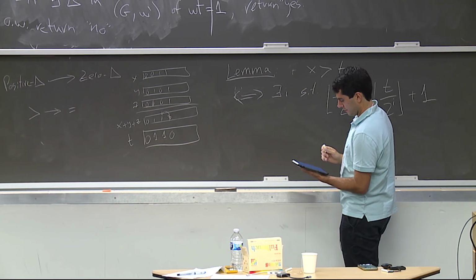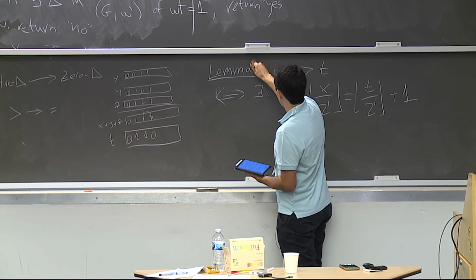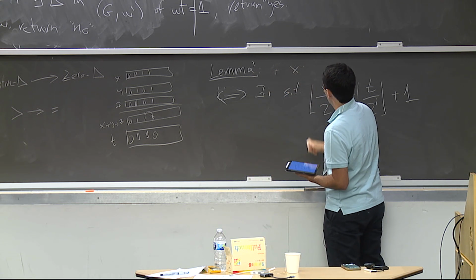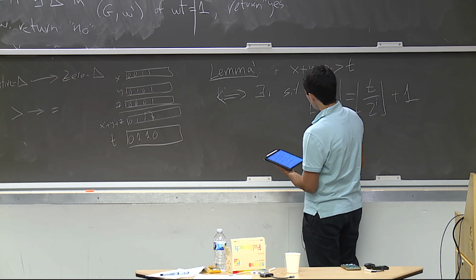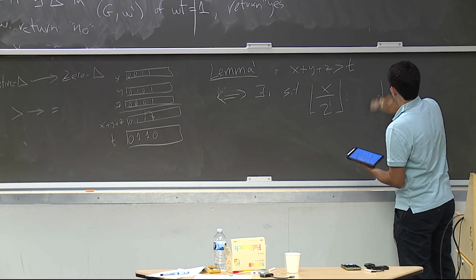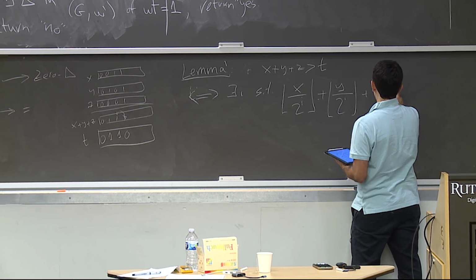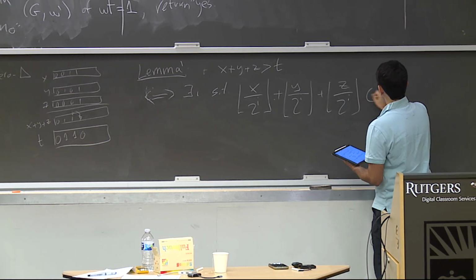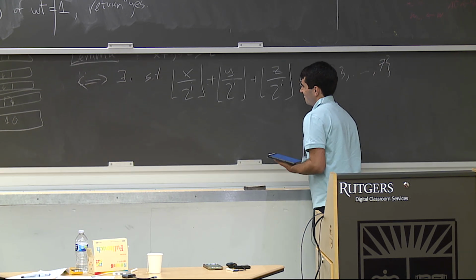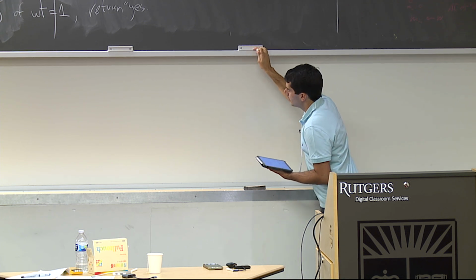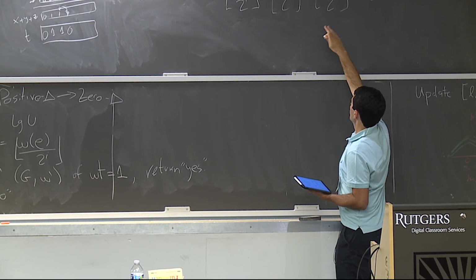So let me formalize it a little bit, and then we'd be done. Lemma prime is that the sum of three numbers is greater than a target if and only if there's an I such that the sum of these things is between 1 and 7. So it's like before, but instead of just equal to 1, we have 1 to 7.